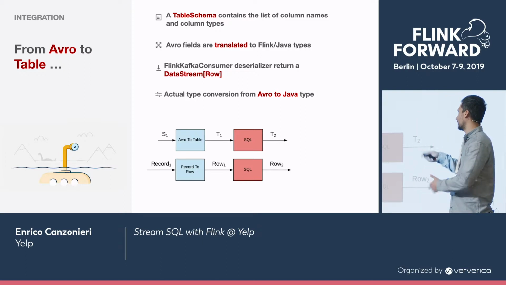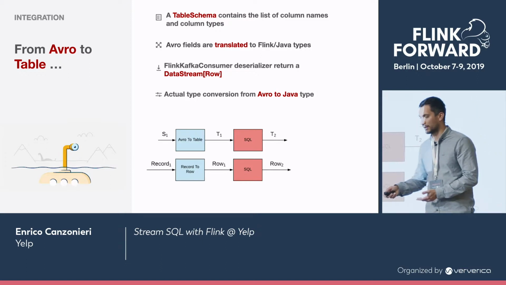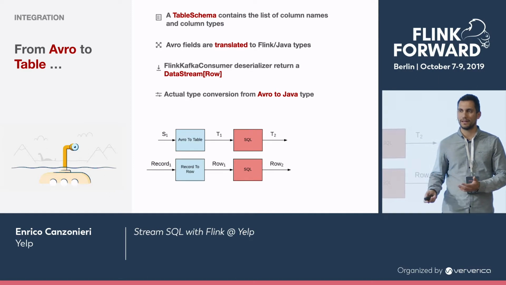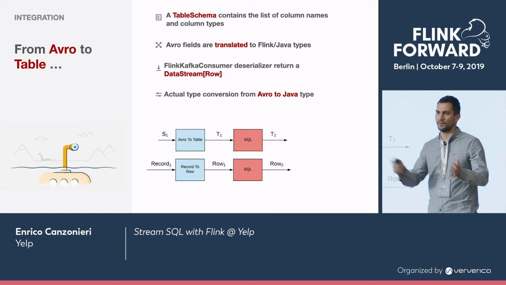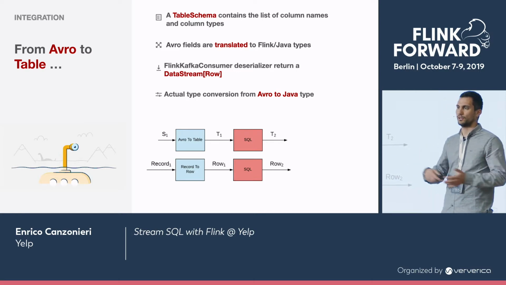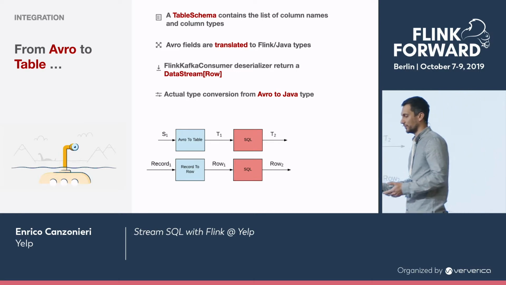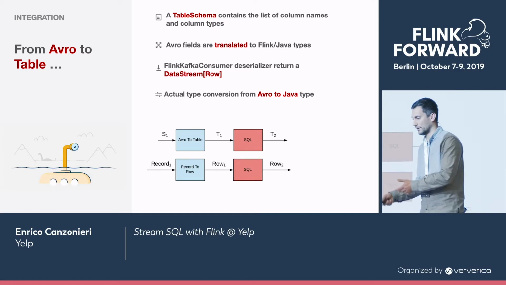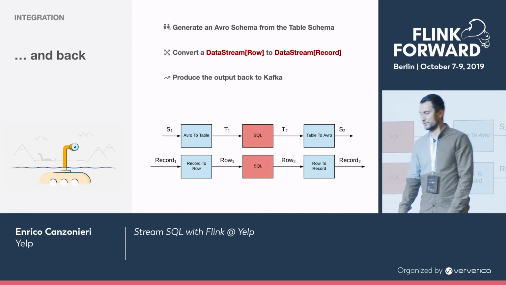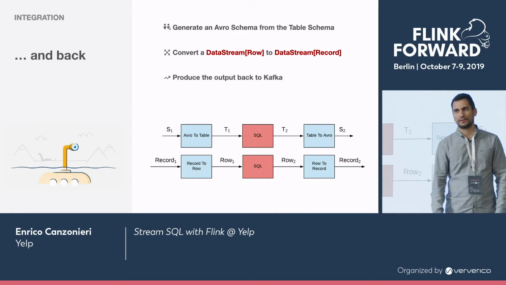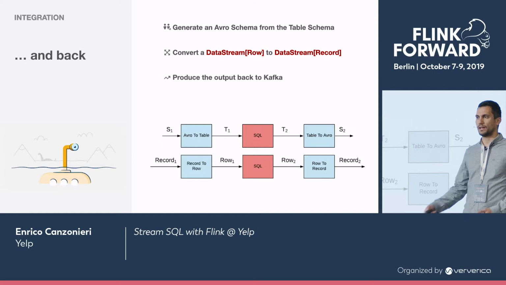And then you have, on the other side, so that is the schema side. On the other side, you also need to convert and serialize the data that is flowing through your system, so that you are going from, maybe you have an Avro record, into a row. And then SQL will transform that row that is in input and probably emit another row in output. What we do at Yelp, I was saying that all these modules are connected through Kafka topics.